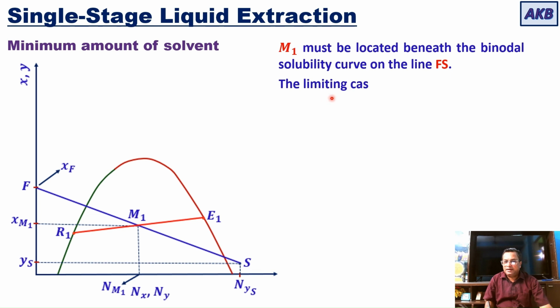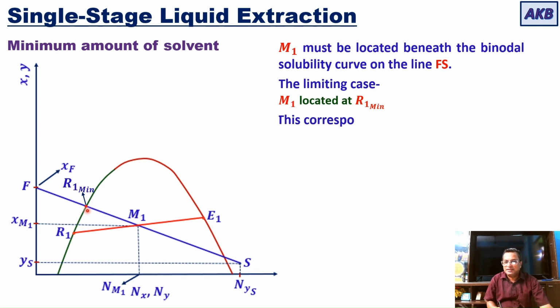Now, let us understand one limiting case. What is the limiting case? M1 is located at R1 minimum. Where is R1 minimum? It is over here. The limiting case comes into picture when point M1 is located at R1 minimum.